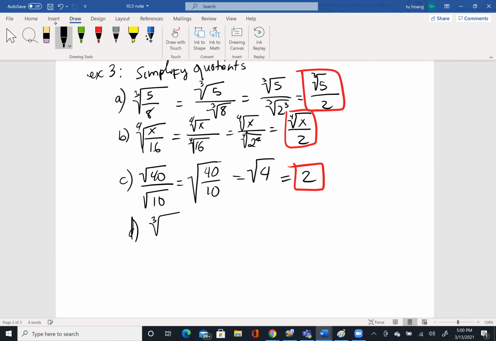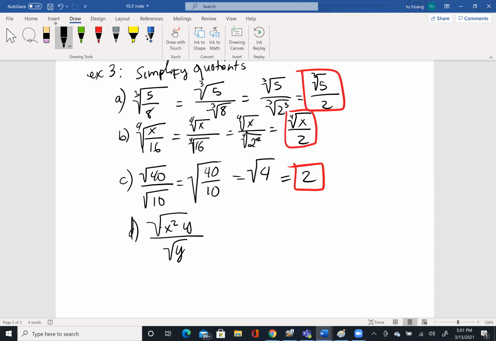Let's have another, say, square root of x squared y divided by square root of y. Okay.